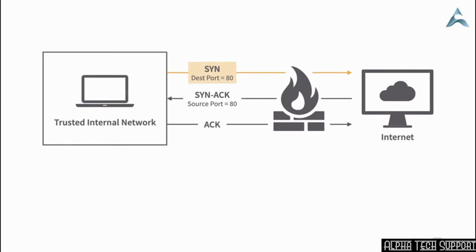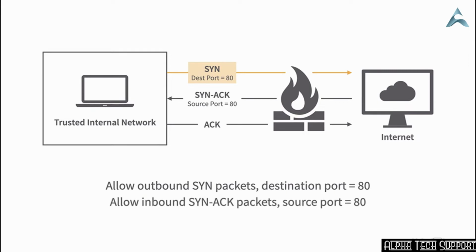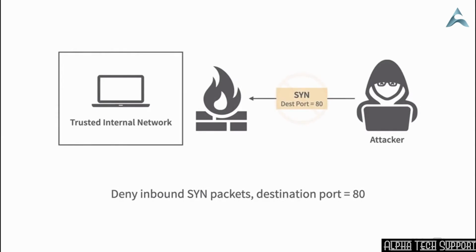The firewall is designed with access control lists that either allow or deny packets. For example, allow outbound SYN packets, destination port equals 80, or allow inbound SYN ACK packets, source port equals 80, or deny inbound SYN packets, destination port 80. And if identified, that packet will be blocked.